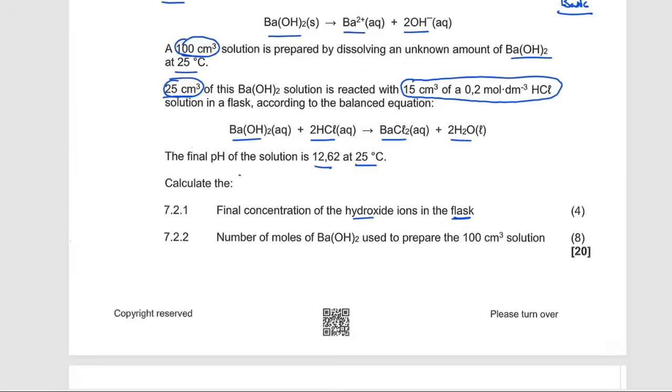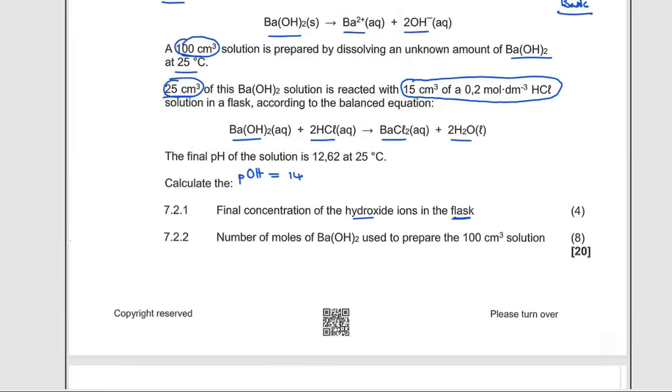According to our formula, to make it easy, I'll start with pOH. The pOH is equivalent to 14 minus pH. So my pOH is equivalent to 14 minus the pH that is given, 12.62.